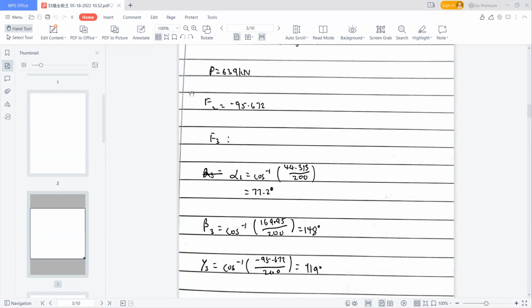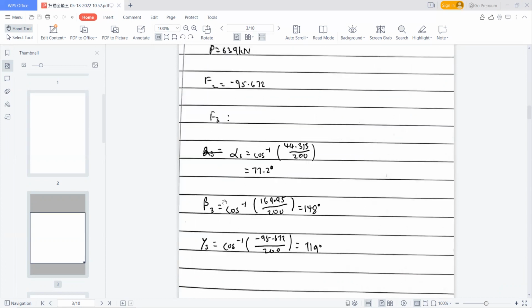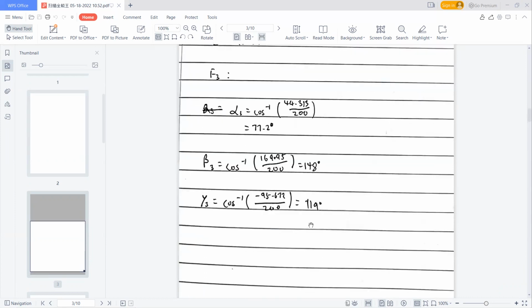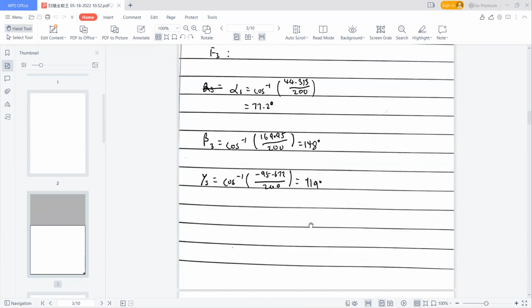For the angles, for I we use alpha, for J we use beta, and for Z we use gamma. So for alpha, for the I, we will get 77.2 degrees. For the beta, we will get 148 degrees, and for gamma, which is the Z-axis, we will get 119.